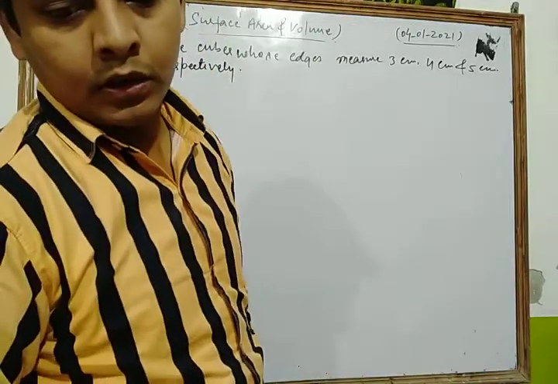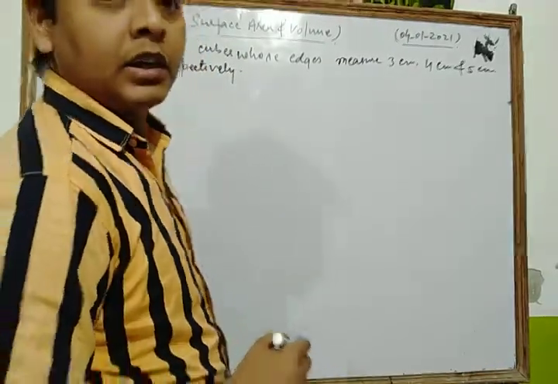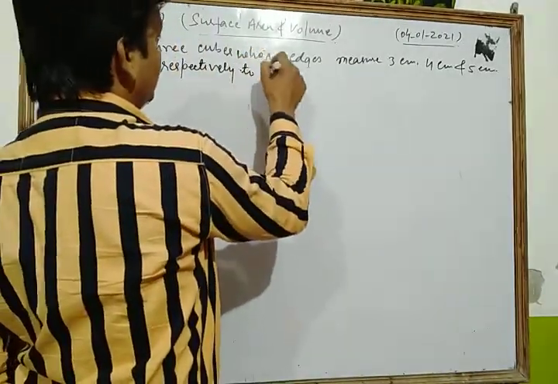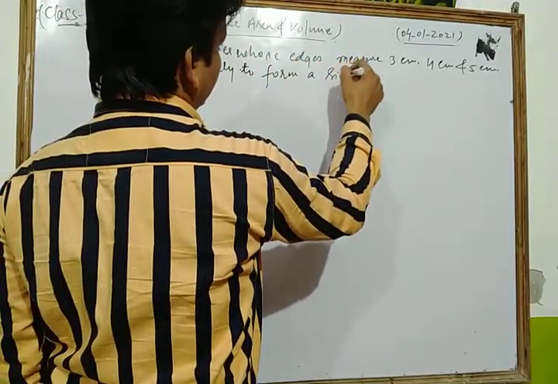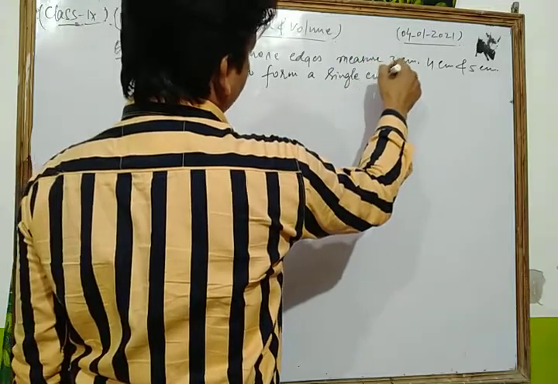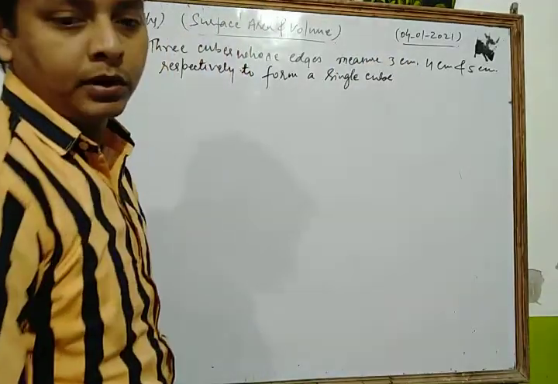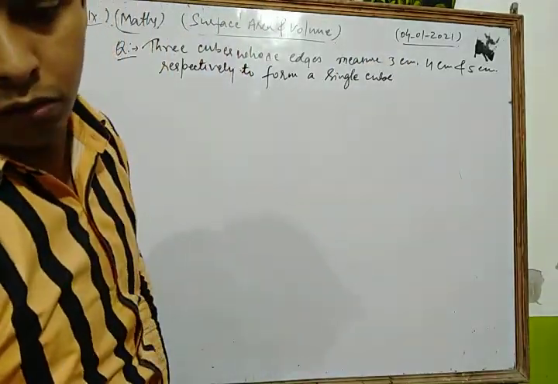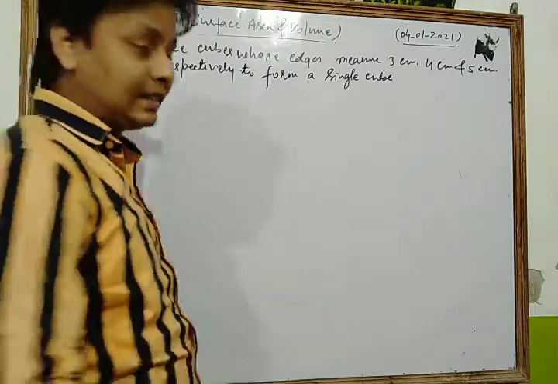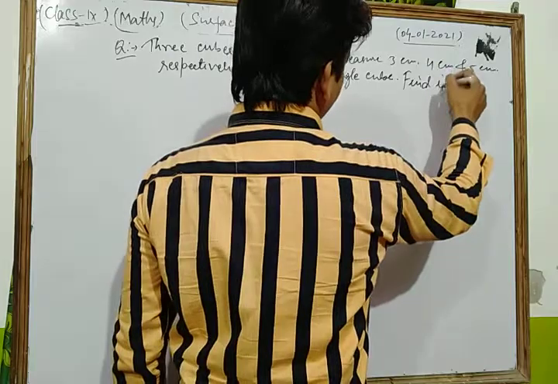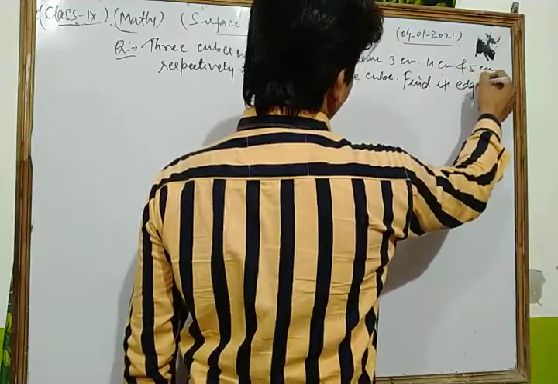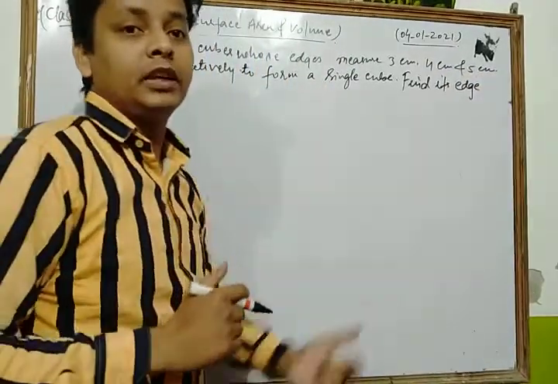to form a single cube. Find its edge. Find its edge means we find the edge of the single cube so formed.